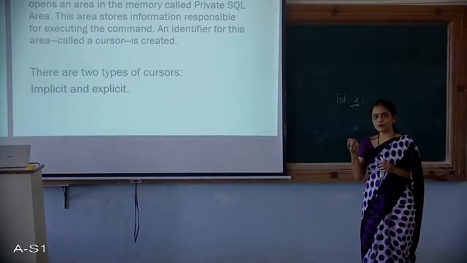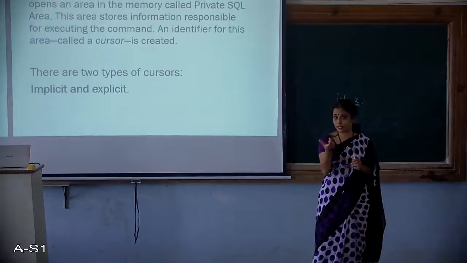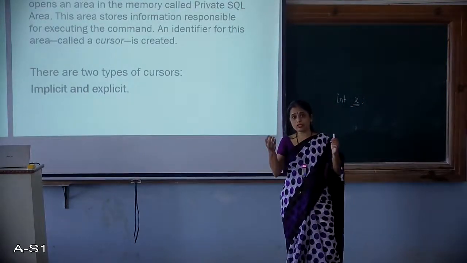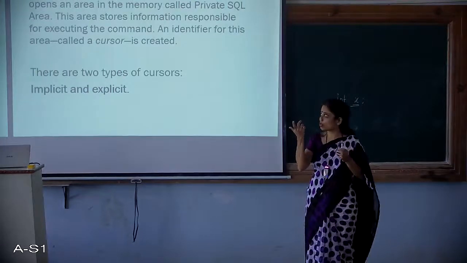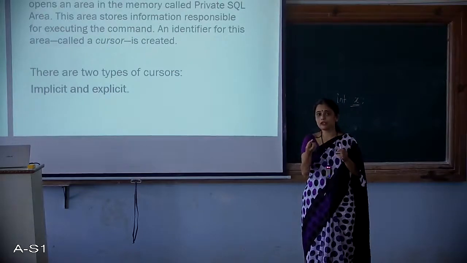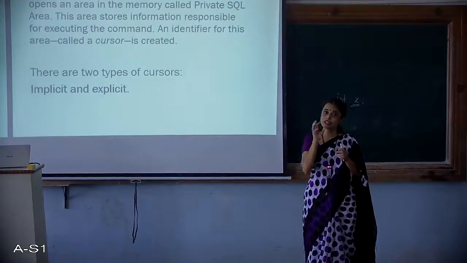So whenever you are retrieving any kind of data, whether a single row or multiple rows, all of it is stored in an area called the private SQL area, and to identify that particular memory location within your database, a cursor is defined.